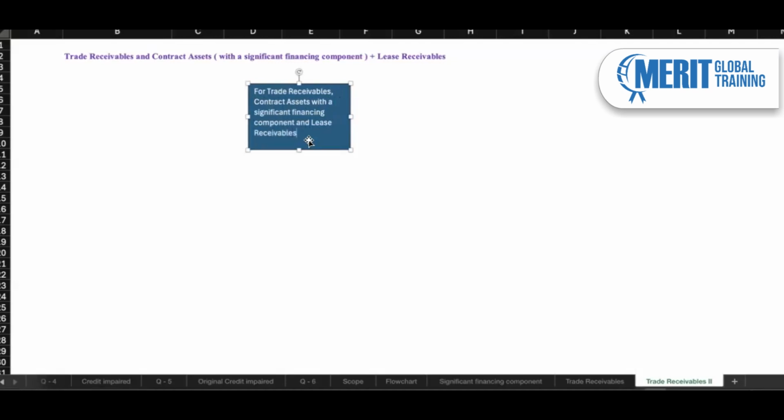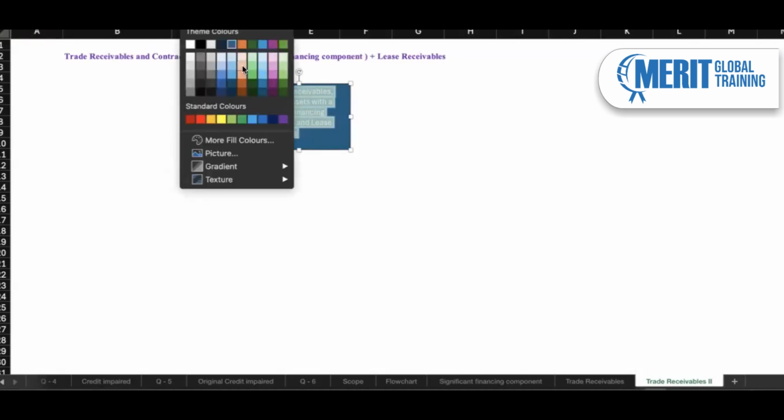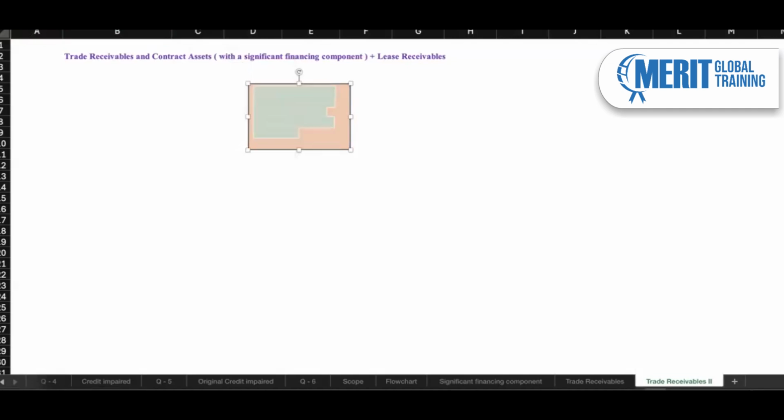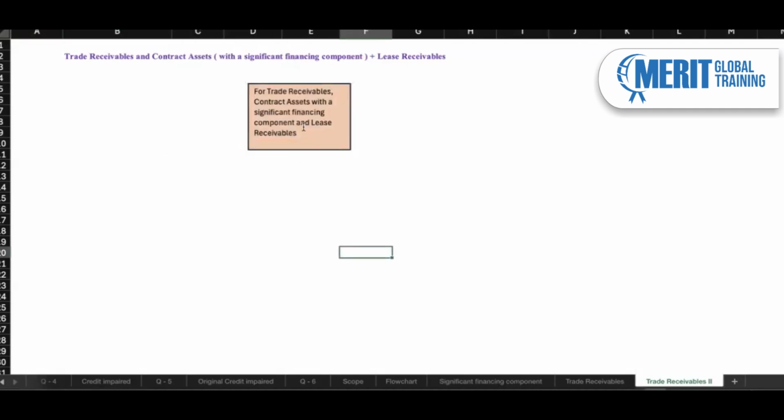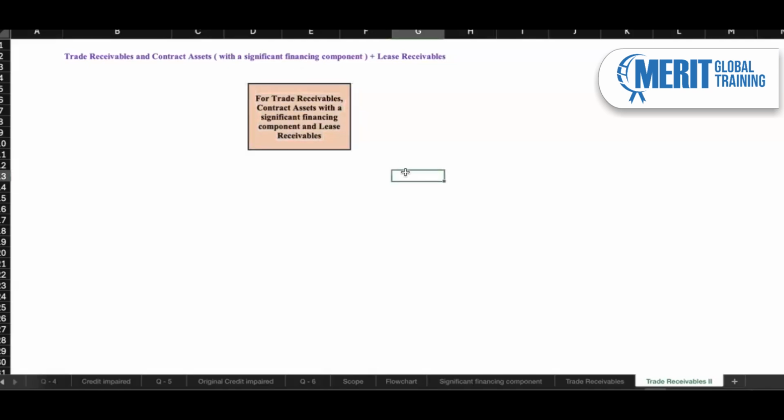Now, see this, it's not for nothing that they have clubbed these assets together. If you think about it, all lease receivables are what? A leasing arrangement is a financing arrangement. I'm sure you would agree with me. So here, what assets are we talking about? We are talking about those financial assets which basically have a financing component. Trade receivables with a significant financing component, there is a financing element present.